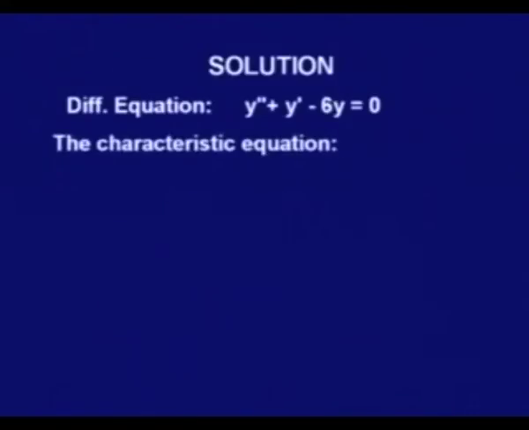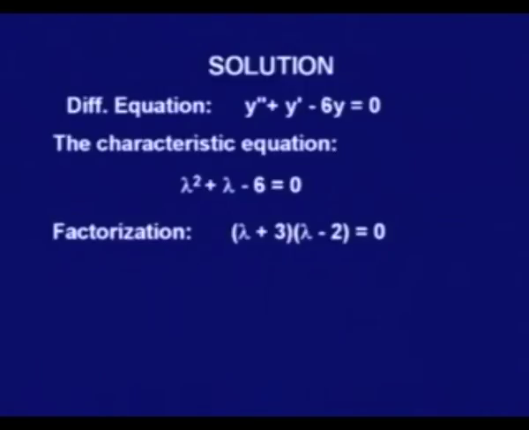So, the characteristic equation is lambda square plus lambda minus 6 is equal to 0. Factorize it, we get (lambda plus 3)(lambda minus 2) is equal to 0. That says the roots are minus 3 and 2. Again we are getting real and distinct roots.